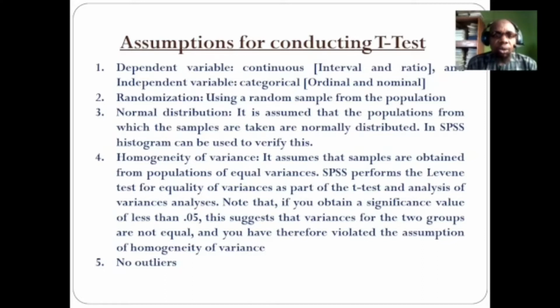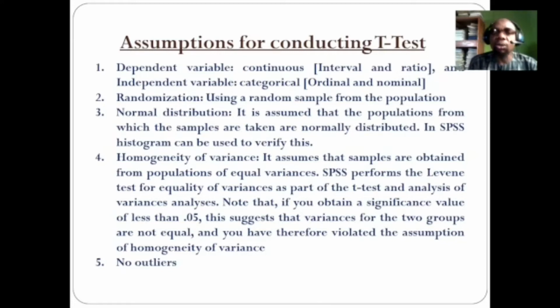The fourth one is homogeneity of variance. The homogeneity of variance assumes that the samples are obtained from populations of equal variances. Also in SPSS we can check this by looking at the table that's going to be generated for us.